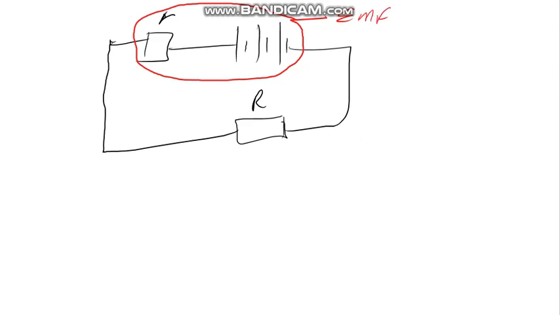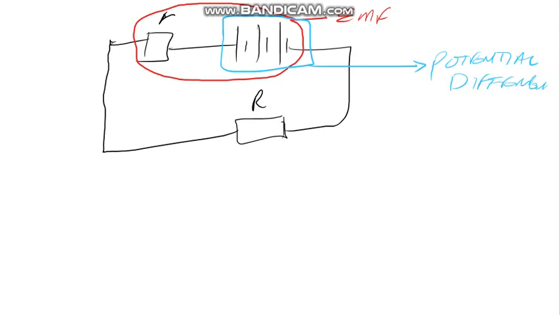The reason I'm doing this, remember, is that these cells alone you can say are a potential difference. I'll highlight them in blue so you can see them.